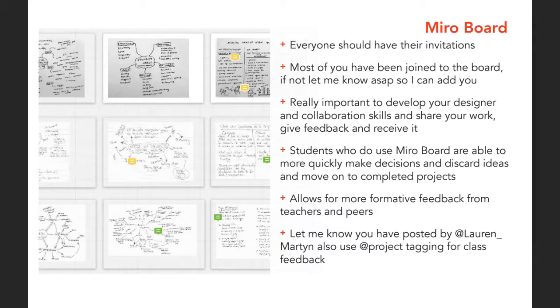So if you want, let me know when you've posted and tag me by @Lauren_Martin, and also use the @project tag, and that will tag the whole class if you're wanting feedback from everyone, which is a really great thing to ask for. And also specific questions like, what do you think of the color, or what is a preferred font? Those are really great questions to get answers on.